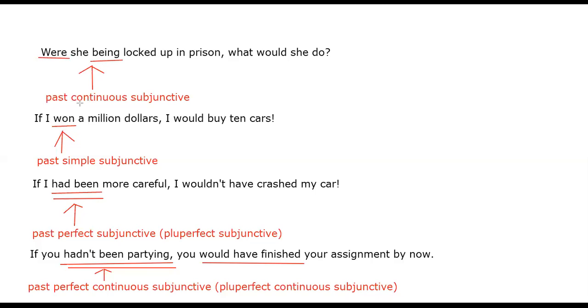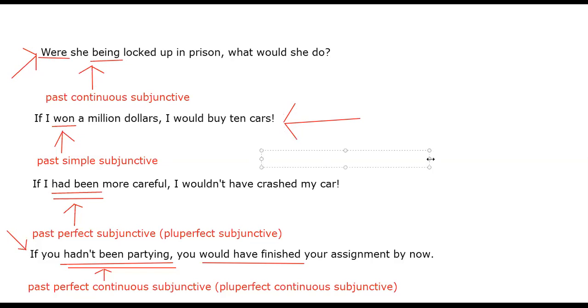With all past continuous subjunctive forms, you can invert. It's just like this form right here with the past perfect continuous. You can invert this, and you can invert this. But you can't really invert this. This you can't invert unless it's the verb "were." That's the only verb in the past simple subjunctive that can be inverted.